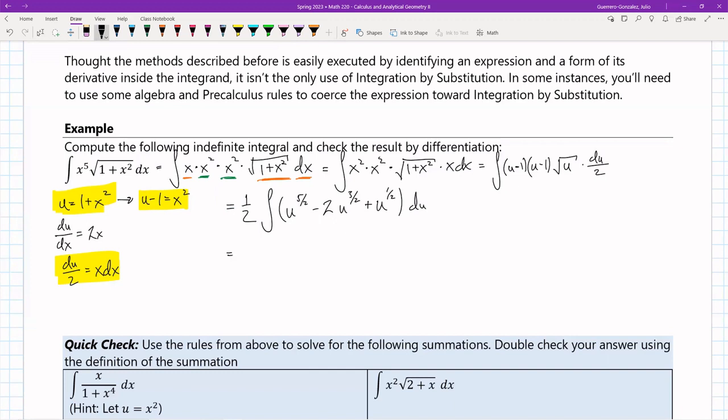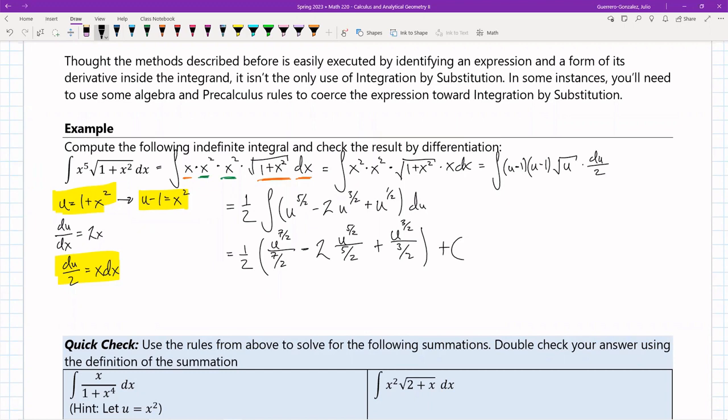So this is now going to be equal to 1 half, the integral of u to the 5 halves, which is u to the 7 halves divided by 7 halves, minus 2, the integral of u to the 3 halves, which is u to the 5 halves over 5 halves, plus u to the 3 halves over 3 halves, plus c.